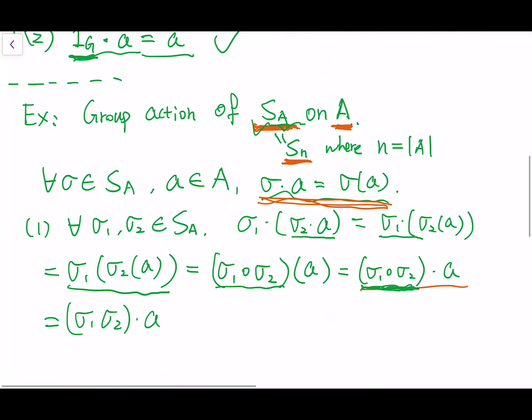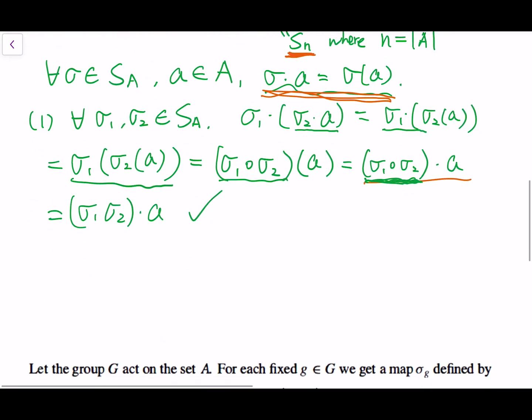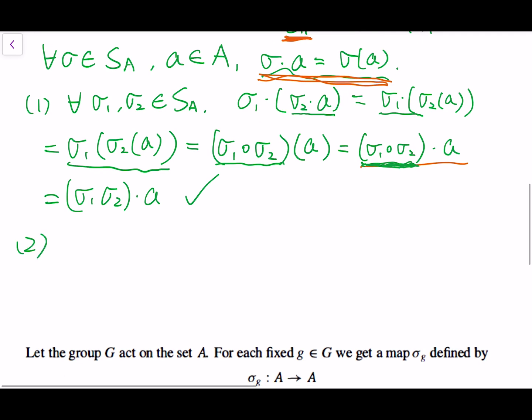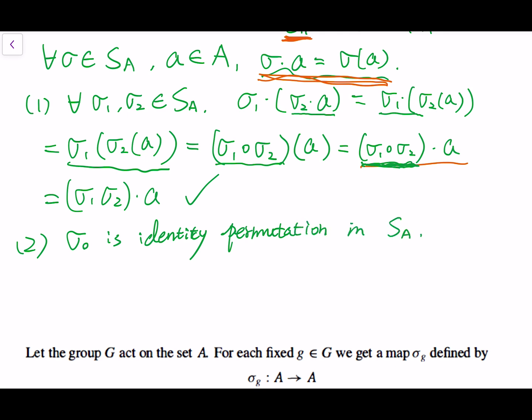Okay, so the first property is checked, and the second one is that we want to show that the identity element maps any element in the set A to itself. So we say that sigma 0 is the identity permutation in symmetric group SA.